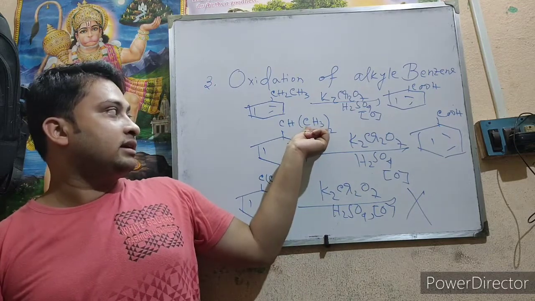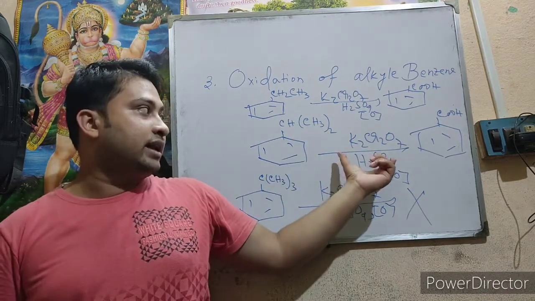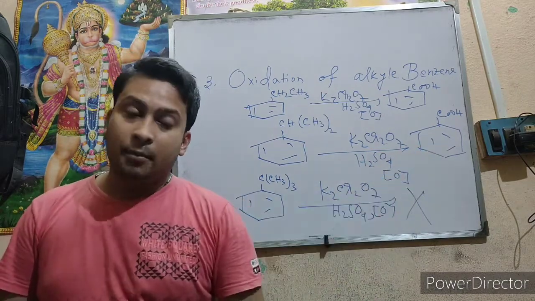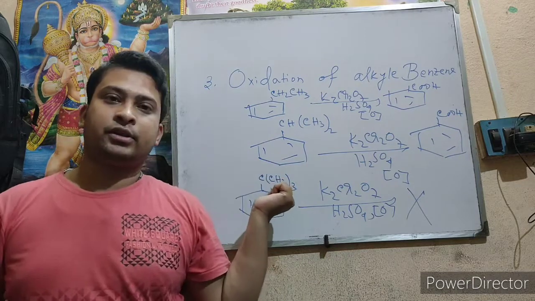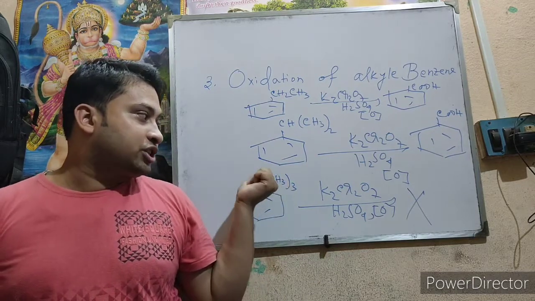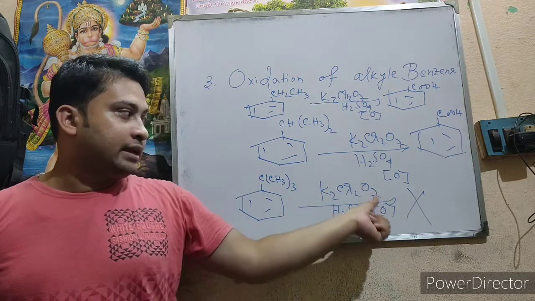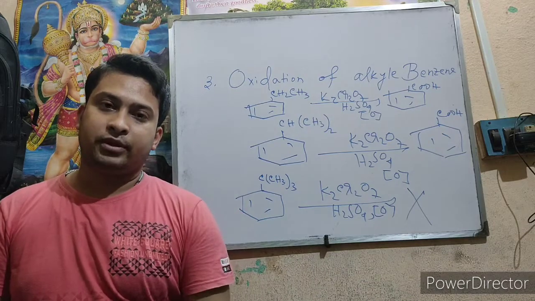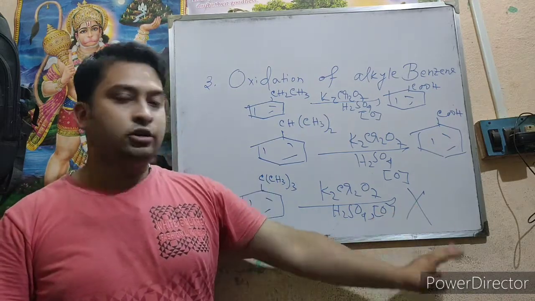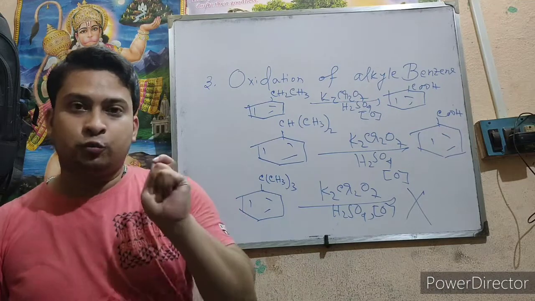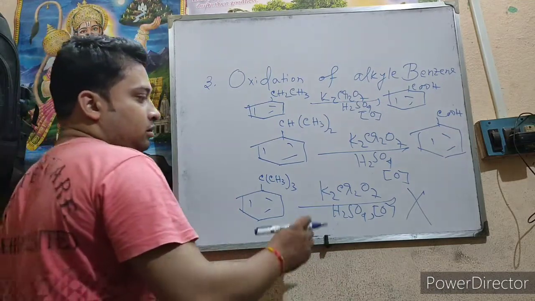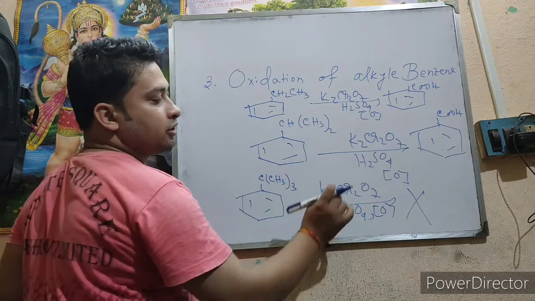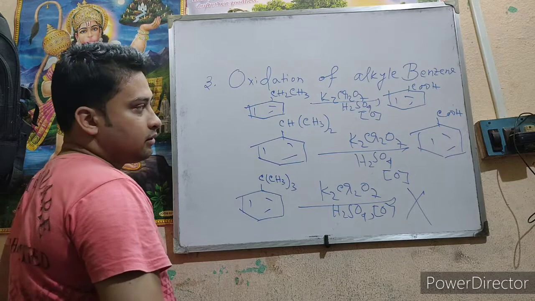You take this secondary group, you use K2Cr2O7 H2SO4 as an oxidizing agent, you get benzoic acid. But when you use the third group and you give this oxidizing reagent, the product is not given. So for the third group you cannot get this product. That should be remembered. That's the key point of this reaction. Third group does not react. Okay.